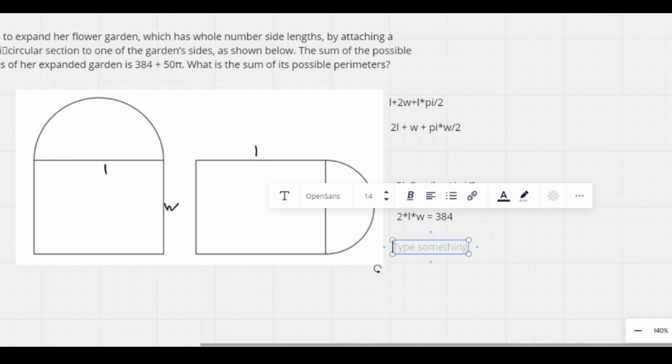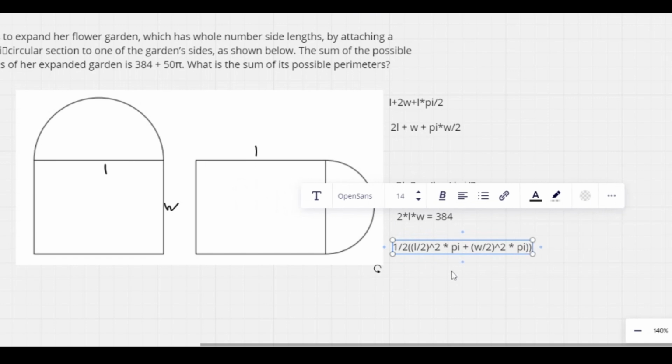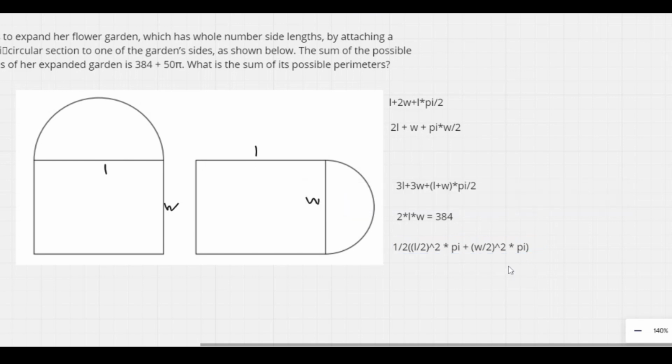And then now the area of the two semicircles is 1 over 2 times L over 2 squared times pi plus W over 2 squared times pi. And so this is using the area of a circle, which is pi r squared. And in this case, r is L over 2 and also W over 2.